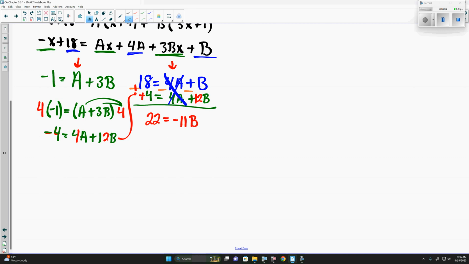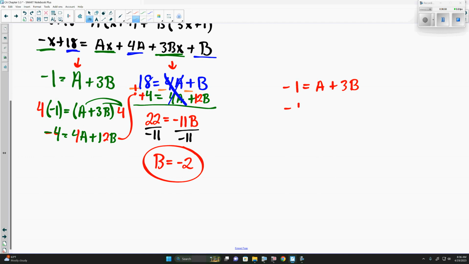Since we have b by itself, we can divide both sides by negative 11, telling us b is negative 2. Now we just need to solve for a. I can pick the first equation. Negative 1 is equal to a plus 3b. We can plug the value of b in.